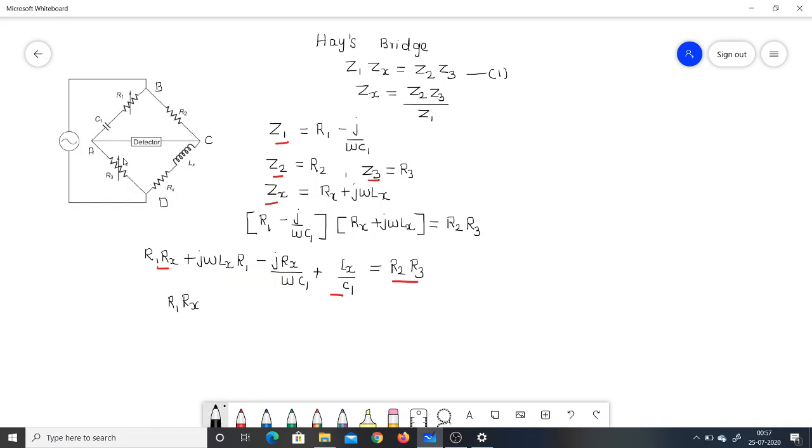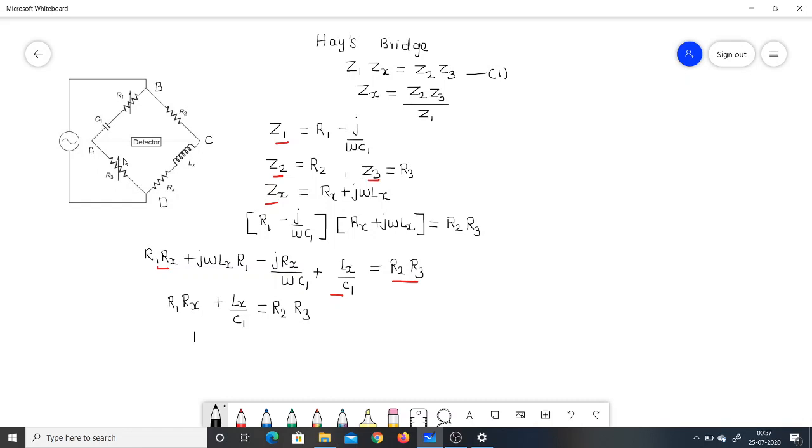So what I'm going to get is R1 Rx plus Lx divided by C1 is equal to R2 into R3. After that, we will equate the imaginary terms.